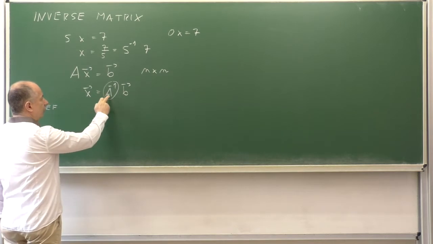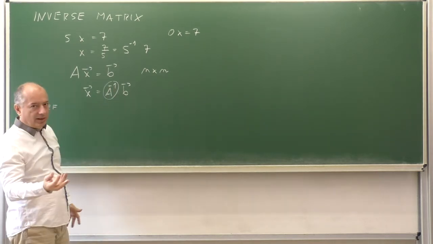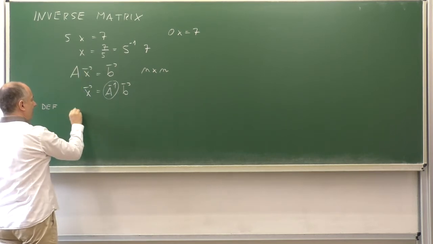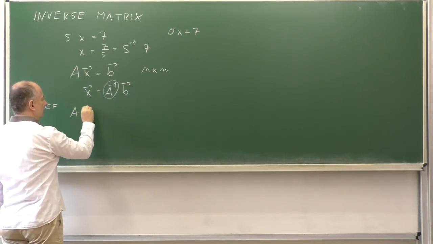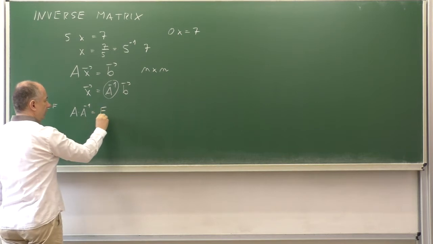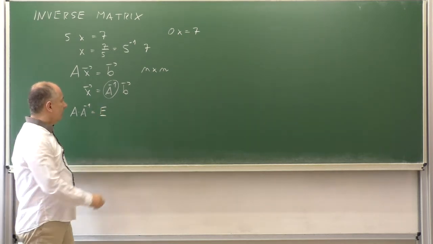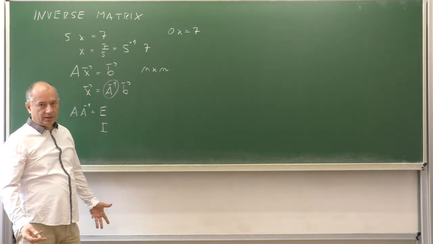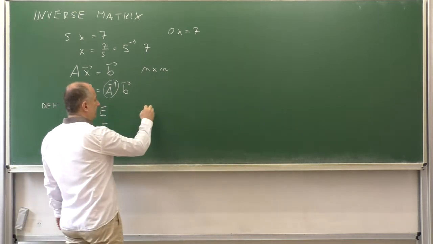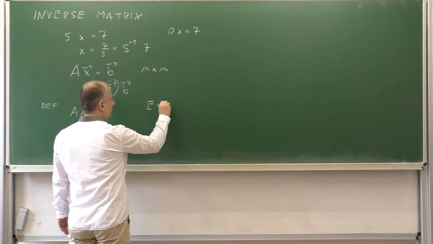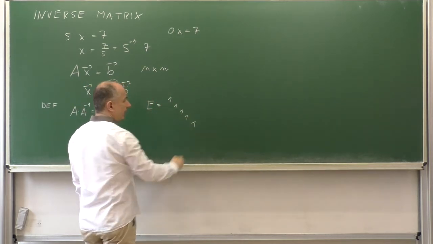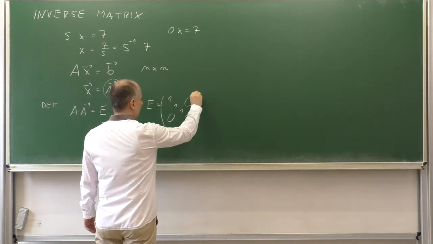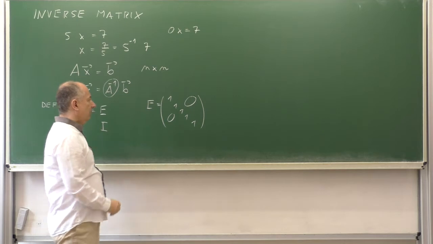We say A inverse, this matrix, is the inverse matrix to the matrix A if the product is equal to E. E is the identity matrix, sometimes also denoted by capital I as identity, and it has the property that it has 1 on the main diagonal and 0 everywhere else, which can be schematically written this way.